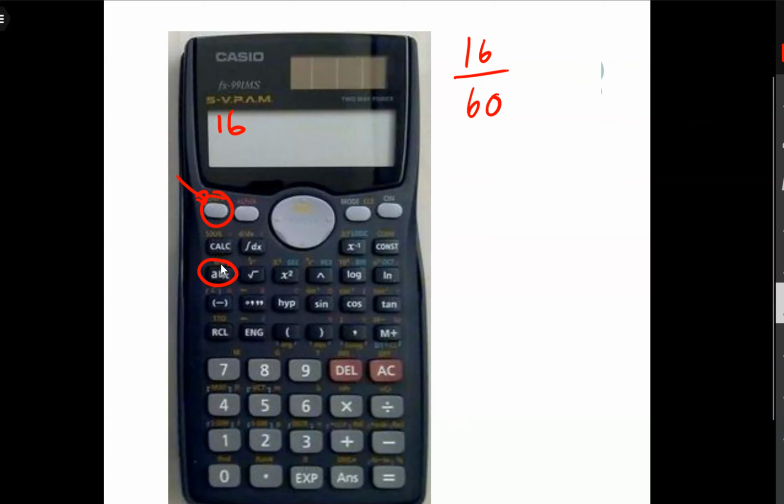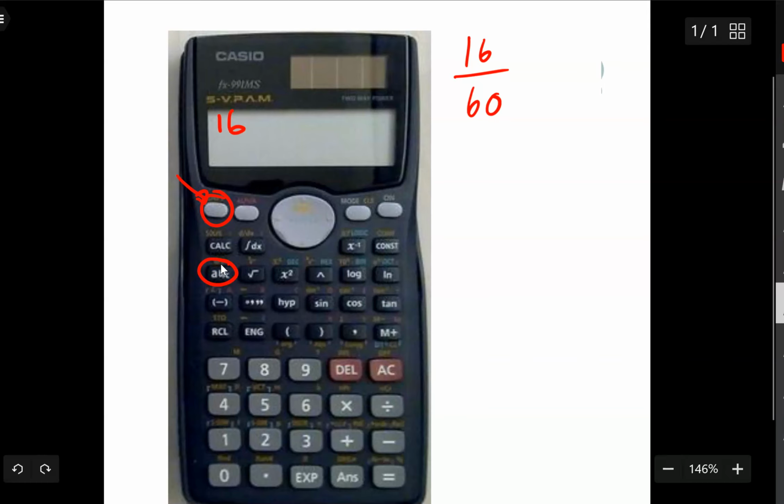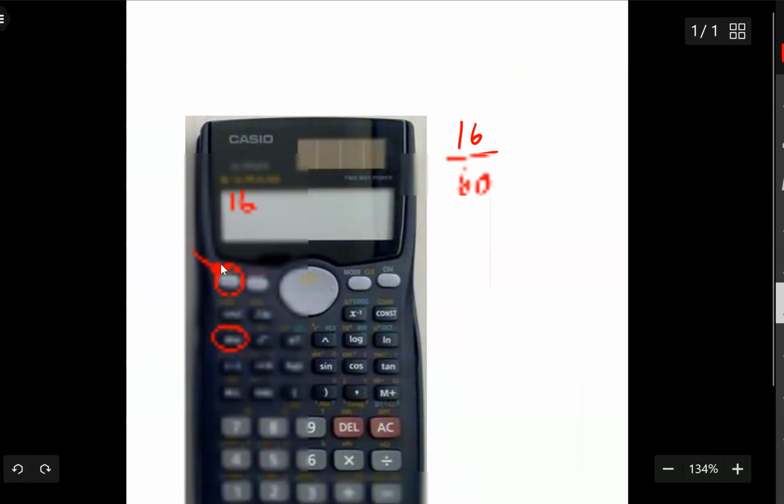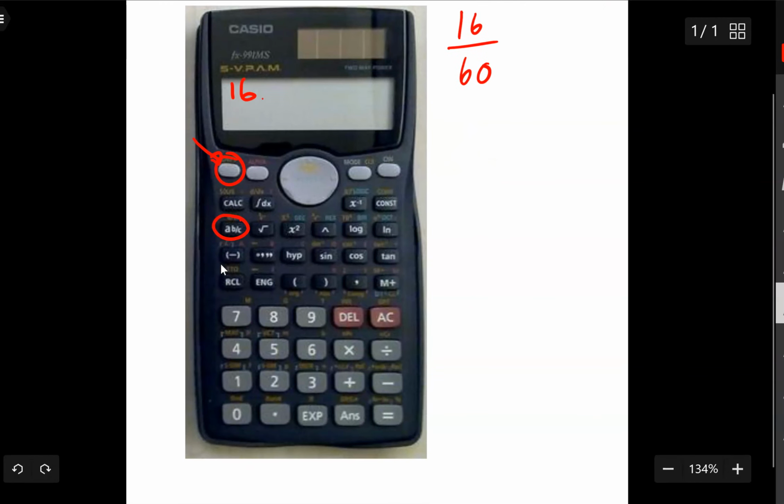When you press that, you should have this appear, and then you press 60. Now you have 16 over 60 as your fraction, not in the lowest term yet. Now I would like everyone to press the equal sign. You see that it immediately gives you 4 over 15.